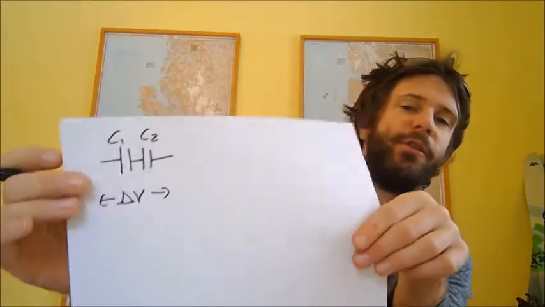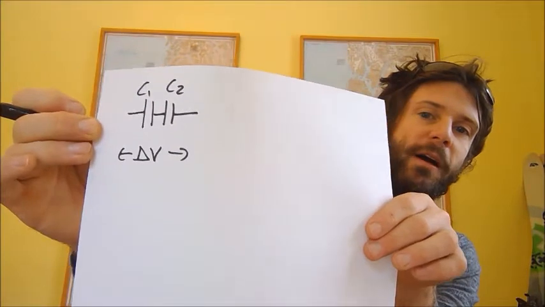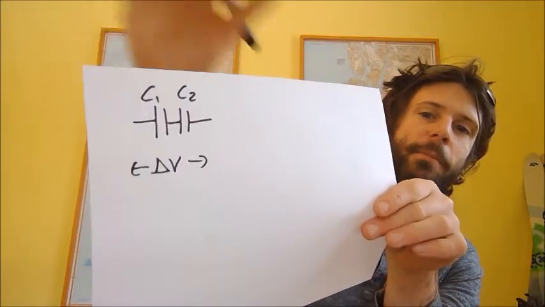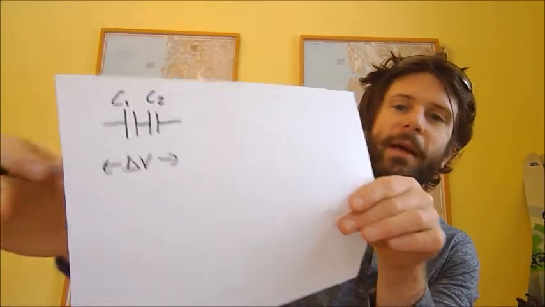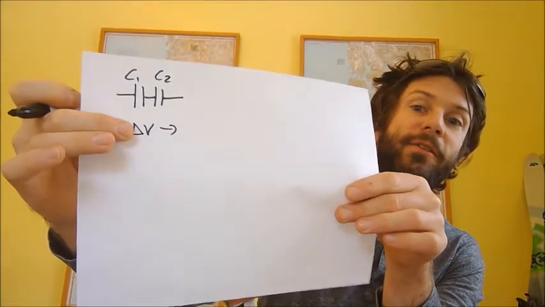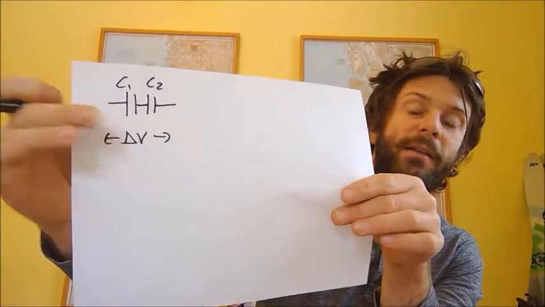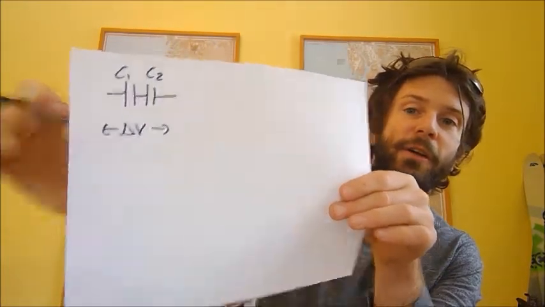So I'm just going to draw something here. I have to start over. C1 and C2. And there's going to be some delta V across these two capacitors, so there's going to be some voltage drop across C1 and C2. Maybe there's a battery hooked up here or something. It doesn't matter. There's some non-zero delta V right here.